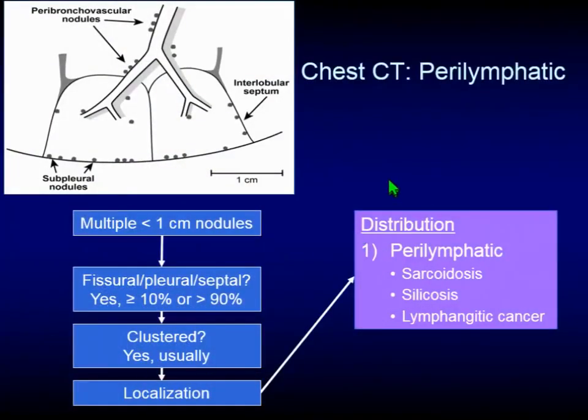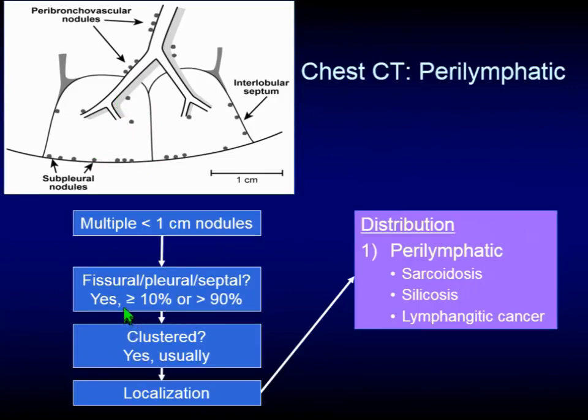So let's look at the perilymphatic pattern. Up here you see a diagram. Again, we see the secondary pulmonary lobule, the subtending lobular bronchus, and the artery. First of all, you notice that these nodules are small and very dense with sharp margins. Next, you know that they're involving all these lymphatic structures that we talked about: the septa, the pleura, and the peribronchovascular lymphatics.